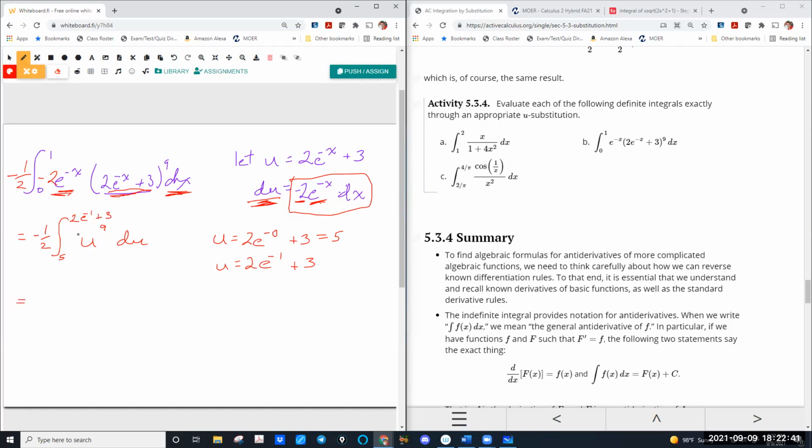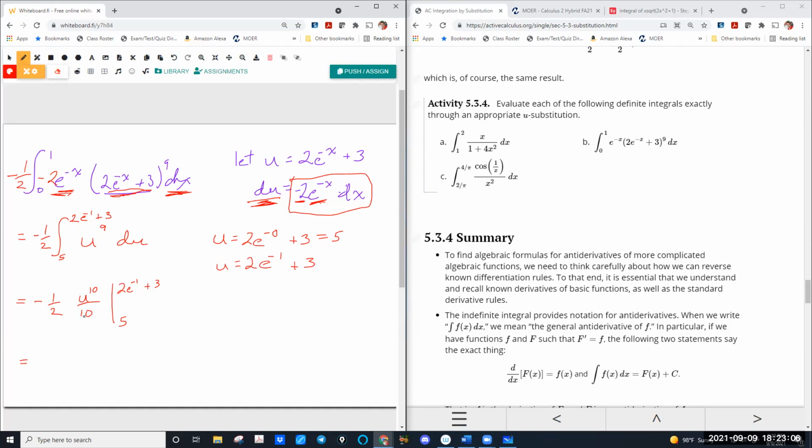And now I only have to focus on the antiderivative in red. I'm done with what's up in the purple. So -1/2. Antiderivative of u to the 9th is u to the 10th over 10. And that's going to go from 5 to 2e to the -1 plus 3.